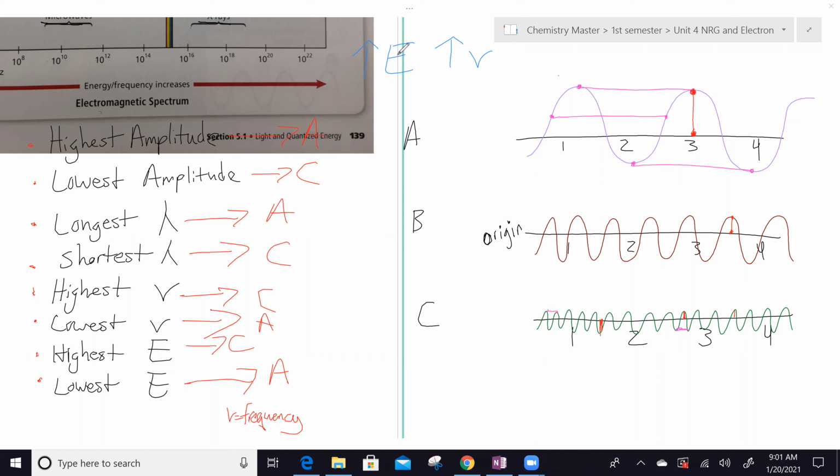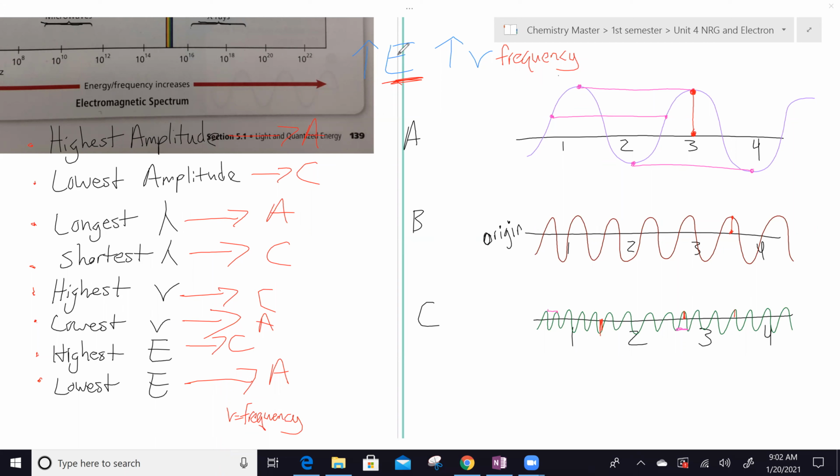Energy and frequency have what we call a direct correlation, which basically means if one goes up, the other goes up. If one stays the same, the other stays the same. If one goes down, the other goes down. If this one doubles, the other one doubles.